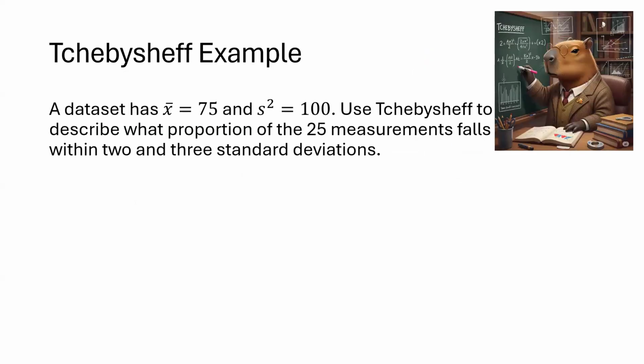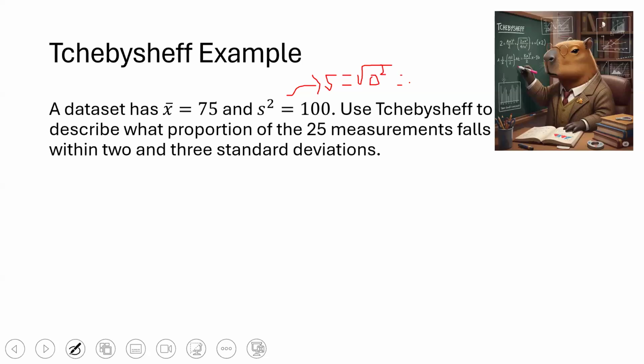All right, let's look at an example. So here, a data set has a mean of 75 and a variance of 100. Now, notice if the variance is 100, then to get to the standard deviation, it would be the square root of that value. The square root of 100 is 10.